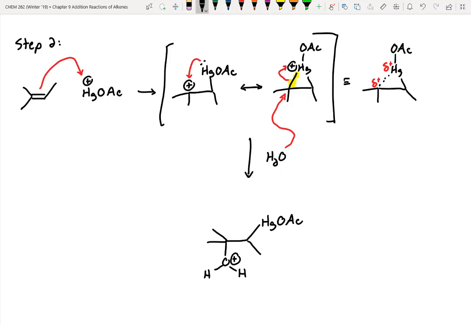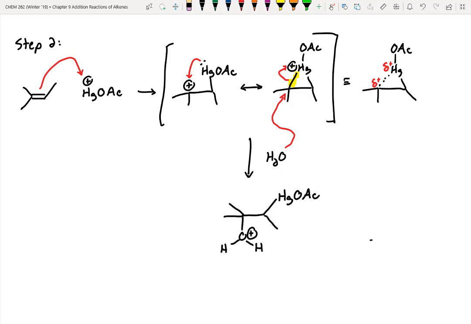And now we've got this intermediate that is still charged. What do you think will happen to that charged intermediate? Deprotonation, exactly. So just like before, I'm going to shorthand this and write minus H plus. You can assume if there's extra water around, water will be the thing to deprotonate it.